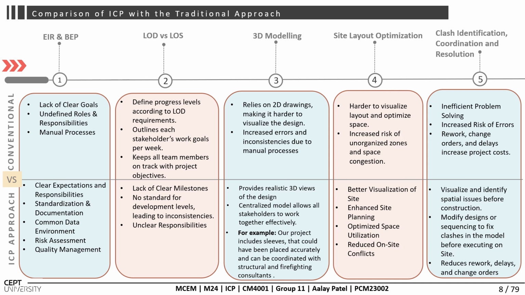For example, our project includes sleeves that have been placed accurately and can be coordinated with the structure and firefighting consultant. But in the traditional approach, these sleeves were incorrectly shown in the drawing, and it increased the rework at the site.